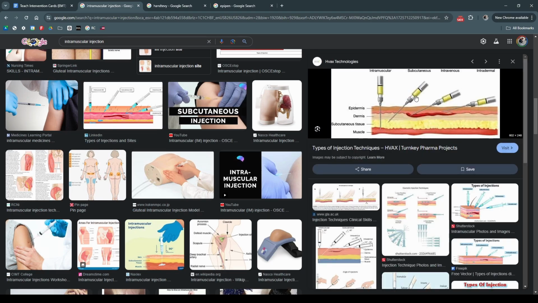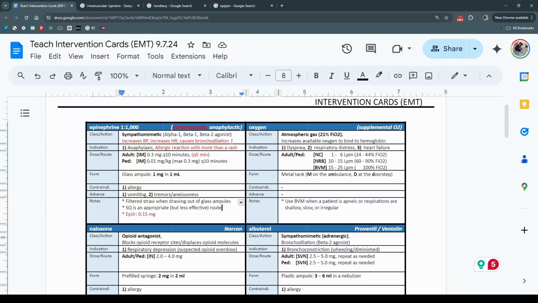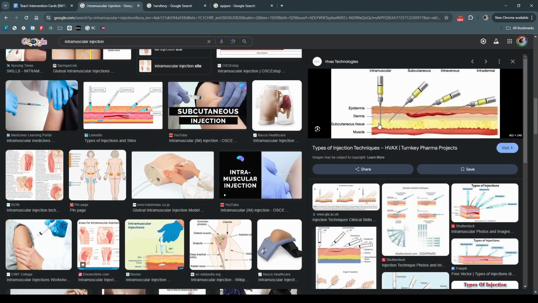I think the simplest way to describe this is that intramuscular bypasses subcutaneous tissue and goes into the muscle, which is absorbed at a rapid rate, and a subcutaneous administration can still work but is less rapid. And if we're giving somebody epi because they need to benefit from these adrenergic effects, these sympathomimetic agonist effects, if somebody needs increased blood pressure, increased heart rate, and bronchodilation, I would rather you give it in the way that is most rapid, intramuscularly.